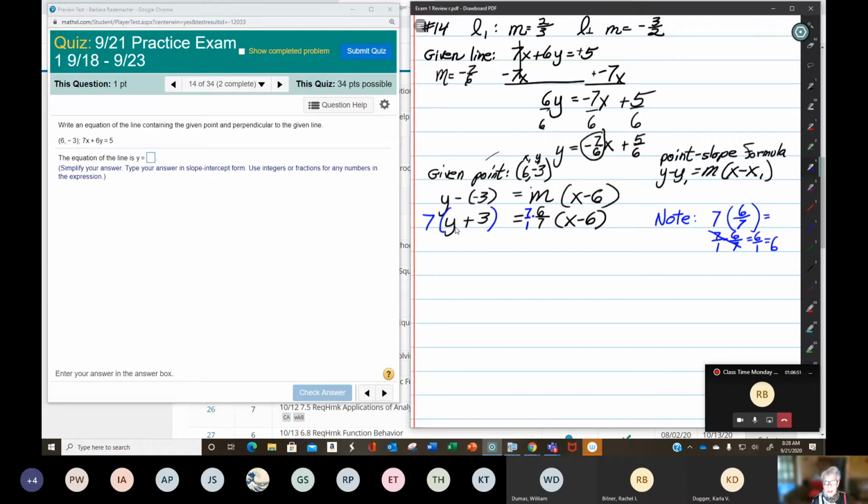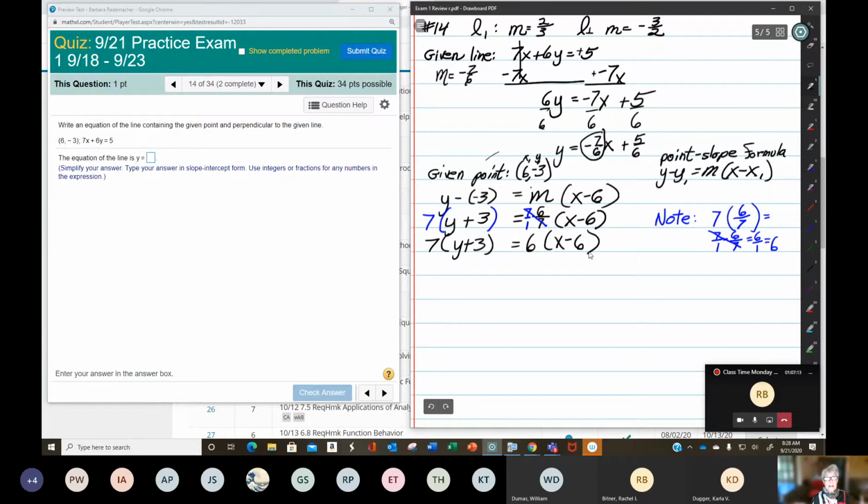And then once I do that, and I get rid of those nasty fractions, what I'm left with is 7 times y plus 3 equals 6 times x minus 6.